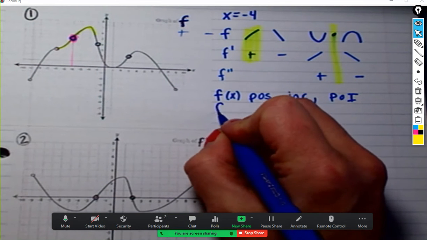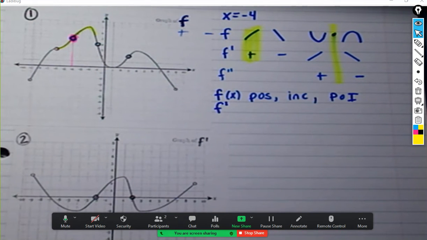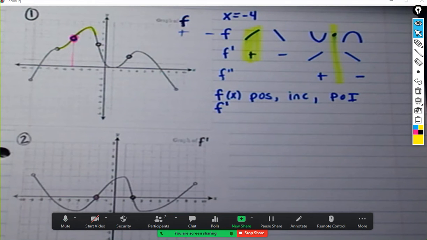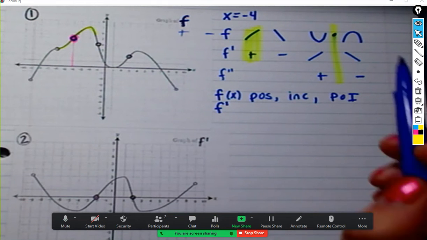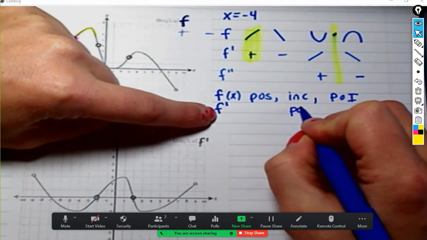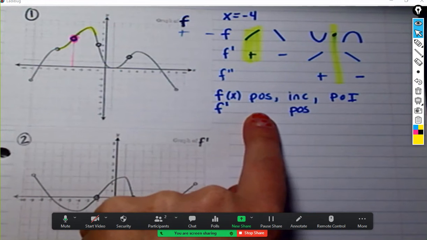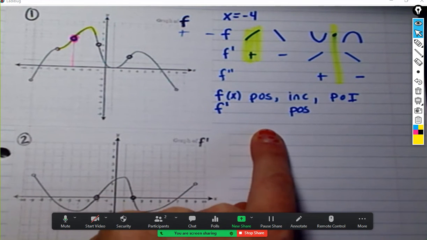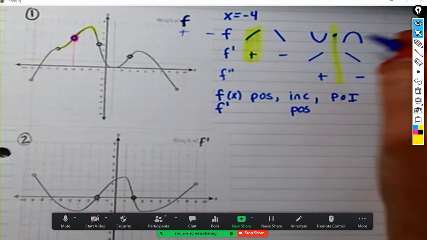So then I'm just going to write down, what do I notice about f prime? Well, I've got 2 things that are highlighted here. Okay, f prime is positive. Notice that I skipped a space because this doesn't actually tell me anything. It's extra. Okay, point of inflection.